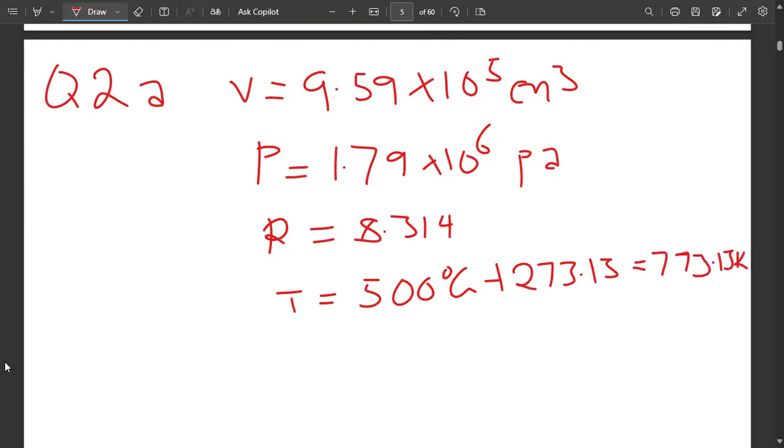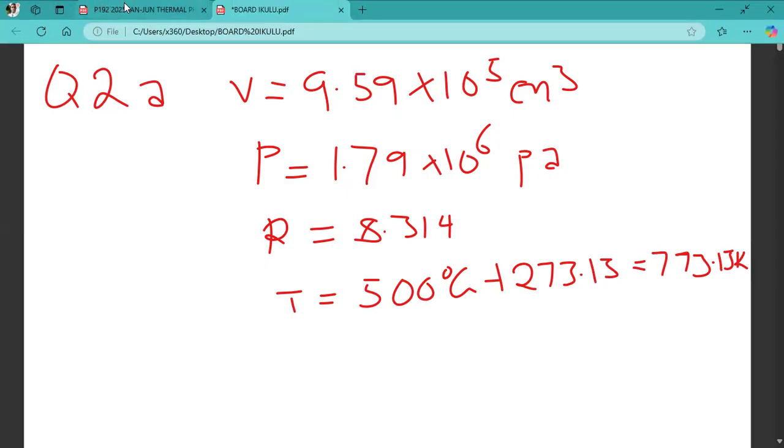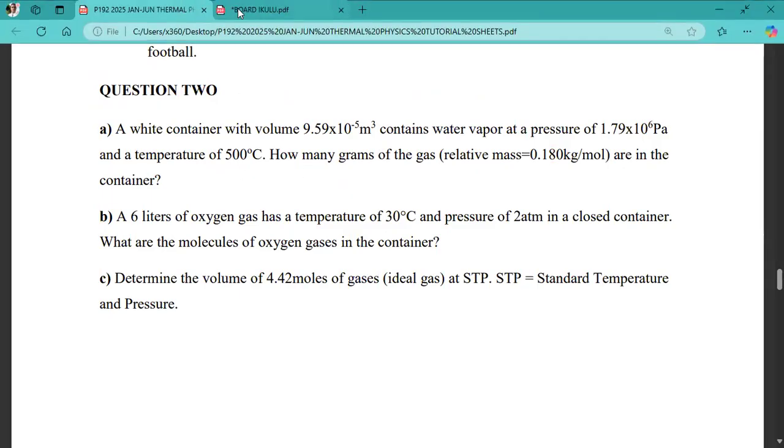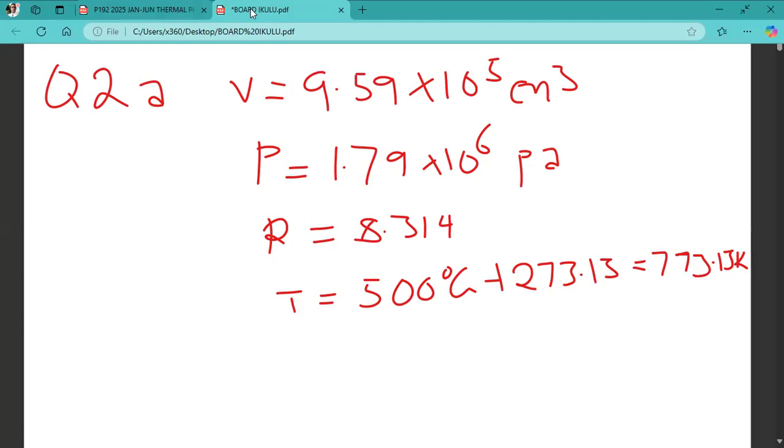So that is what we have. What are we going to do in order to solve for the mass of the vapor? This is what they're asking for, right? Or how many grams? Which means we're supposed to calculate the mass of the vapor.